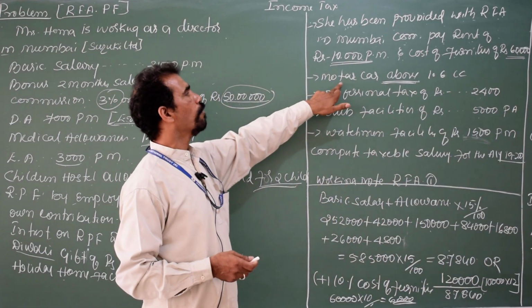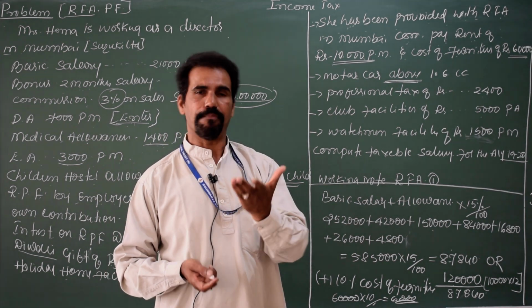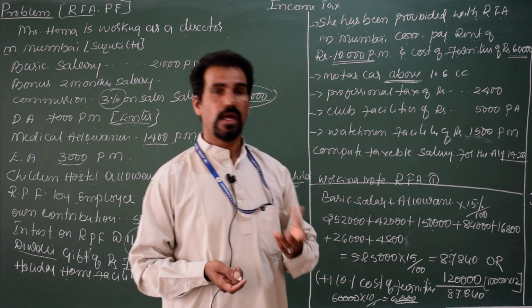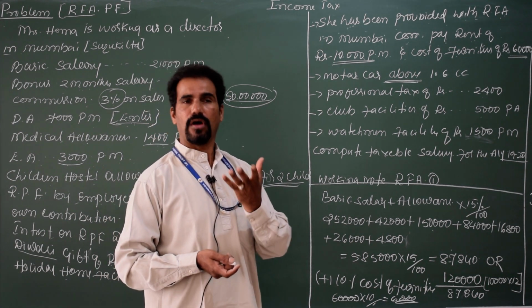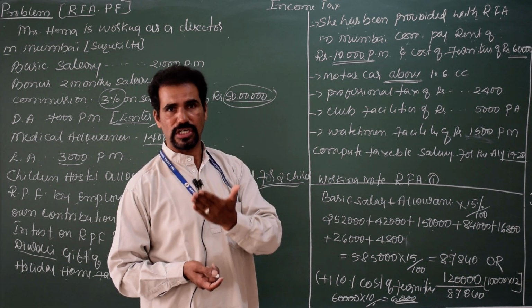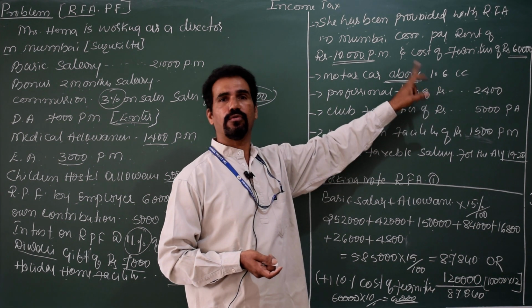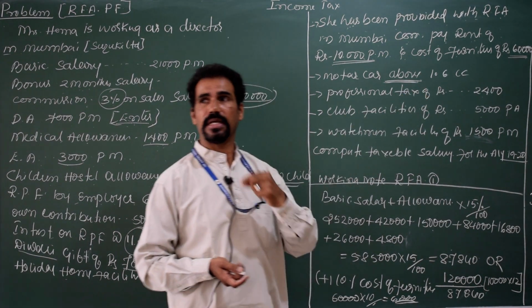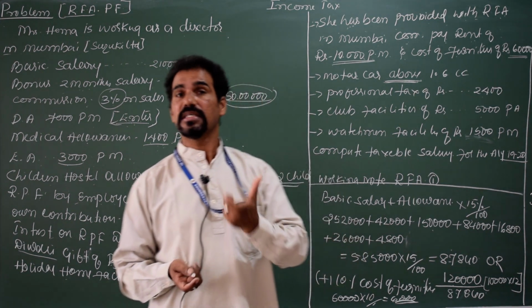Next, motor car facility. There are 2 types of motor car: one is a big car, the second is a small car. How to find out big and small? It depends on the cc or horsepower. Sometimes it is given as 16 horsepower, above 16 horsepower, or 1.6 cc, or sometimes in liters, 1.6 liters.